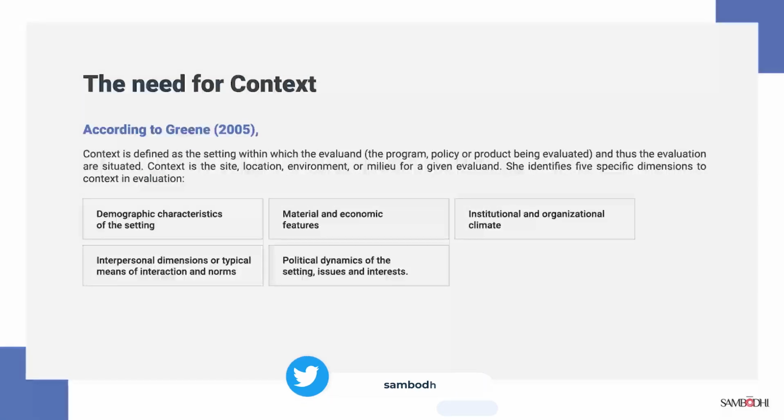They identify 5 specific dimensions to context in evaluation: demographic characteristics of the setting, material and economic features, institutional and organizational climate, interpersonal dimensions or typical means of interaction and norms, and finally, political dynamics of the setting, issues, and interests.